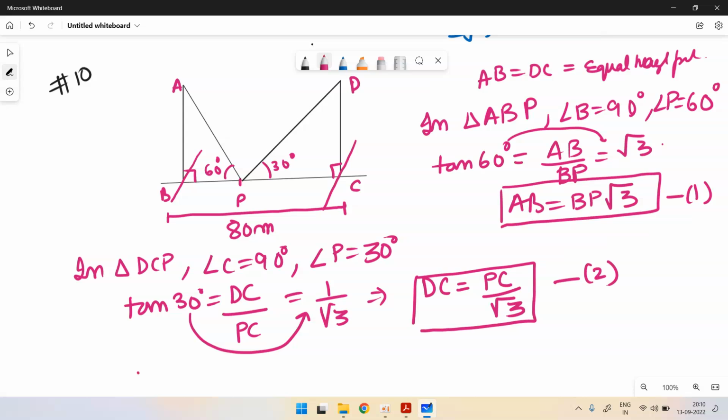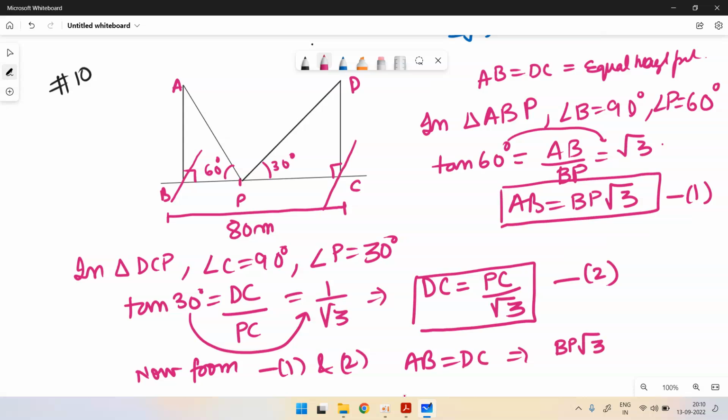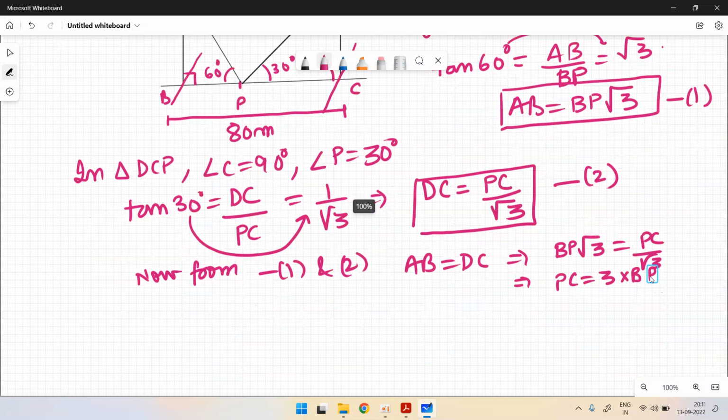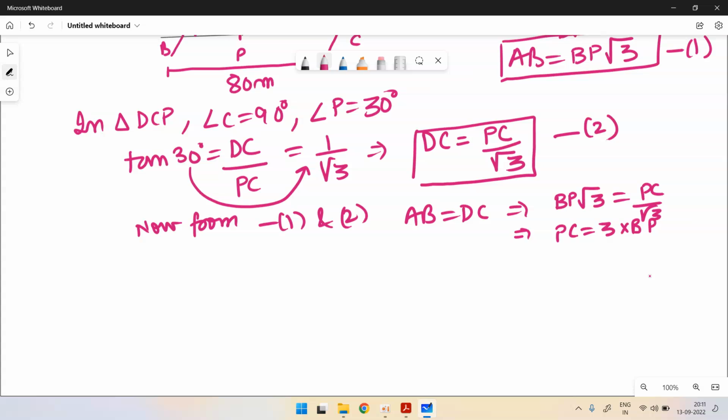Now from equations 1 and 2, since AB equals DC because these are two equal height poles, BP root 3 equals PC by root 3, which means PC is three times BP.